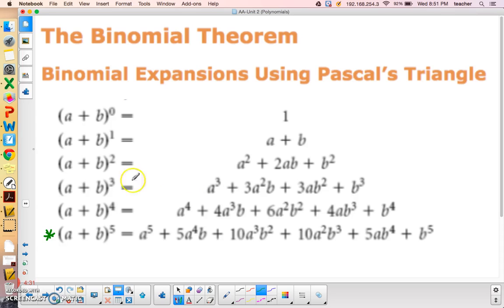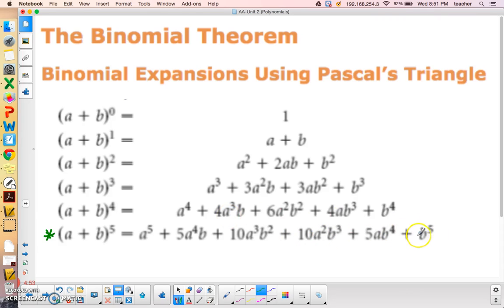So we use the first term in the binomial to begin our variables, and we'll count down with our exponents. We'll use the second term in the binomial, the b, and we'll start with the highest power at the end of our solution and work our way backwards.